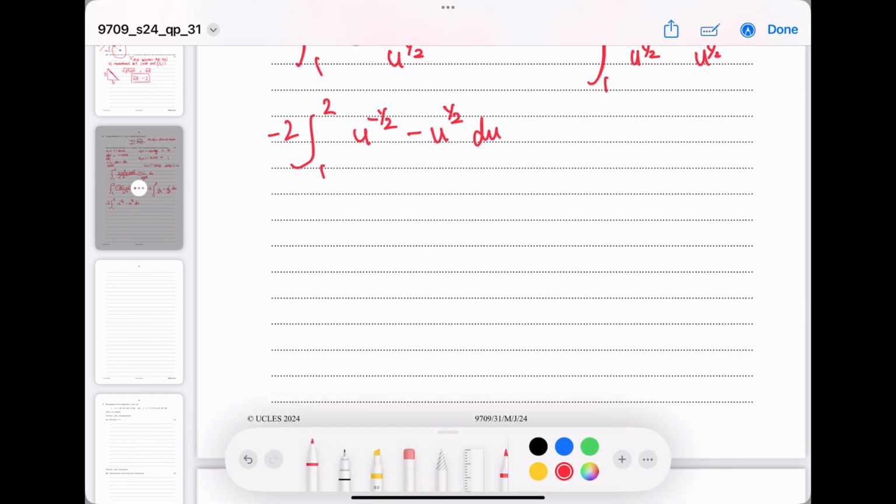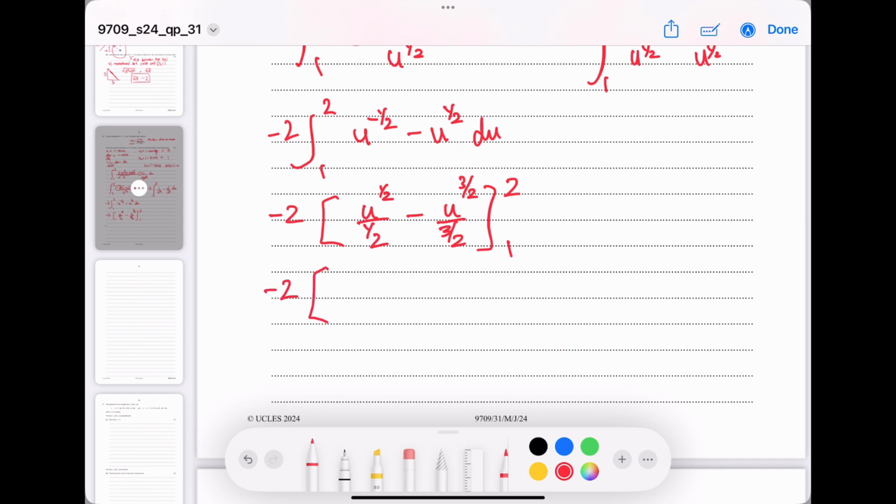So I now need to integrate. So that's u to the half over half minus u to the 3 over 2 over 3 over 2. And we need an exact value here.